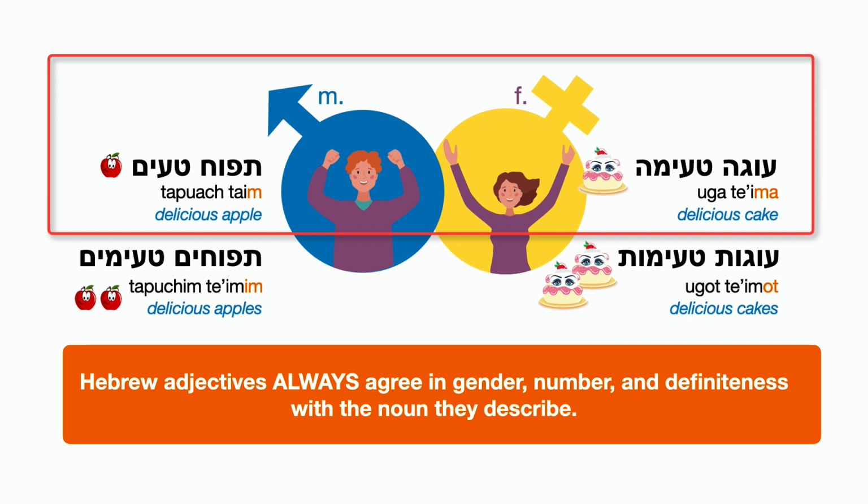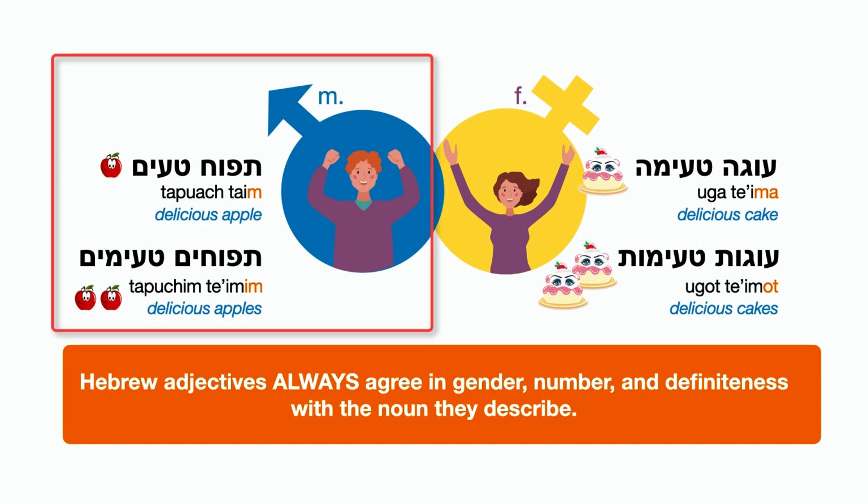And you'll also see that there is an agreement in the number. So if there's plurality, here we have tapuchim te'imim, delicious apples. The adjective also becomes plural by adding im.